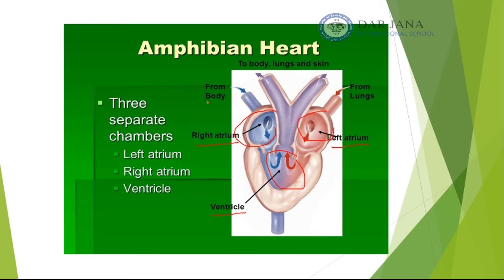Here in this image it shows how the blood goes through the heart: from the body, then it goes inside, then it goes to the body, lungs, and to the skin.